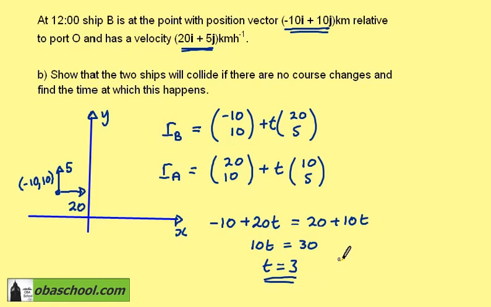So we can solve the equation, and they do crash, and they will crash at 1500 hours, or 3 hours after 1200 hours when we started both ships on their journey.